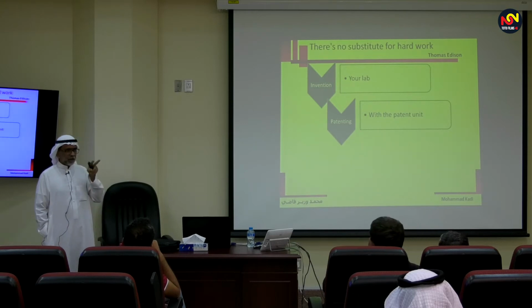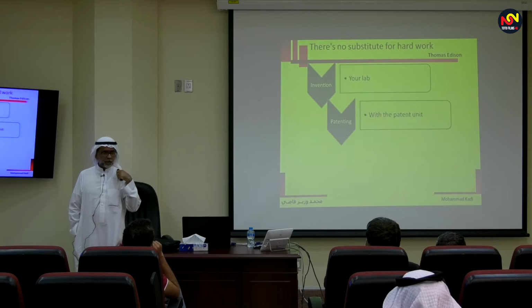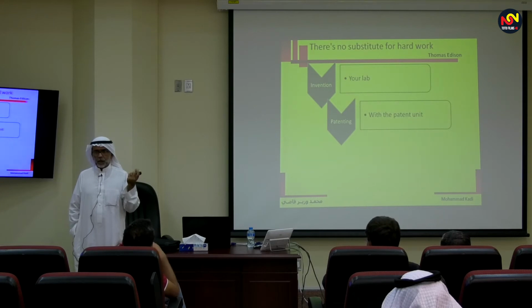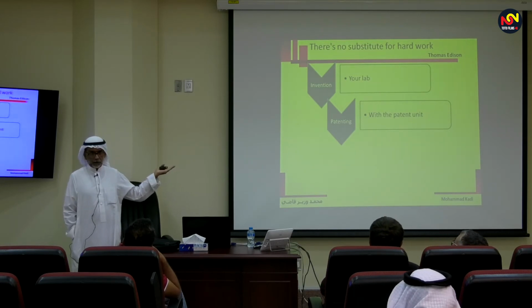So you think in parallel ways. If you want to publish, first speak with us. We will hold you about 6 months or a year. We will not allow you to publish your work until we file for protection. Then you can go ahead and publish.